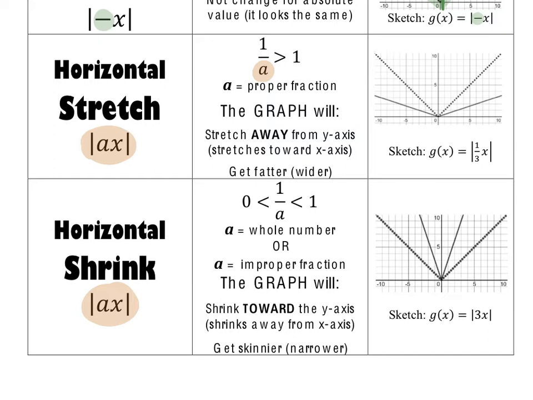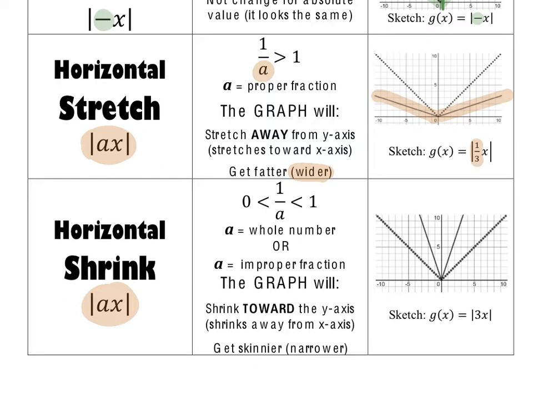So it's flipped over. And if that number is a fraction, then it's going to get wider. But that's called a stretch now. So it's the opposite of the vertical versions, which makes it confusing. So if you see a fraction in there, it's making it stretch, and it still gets wider.